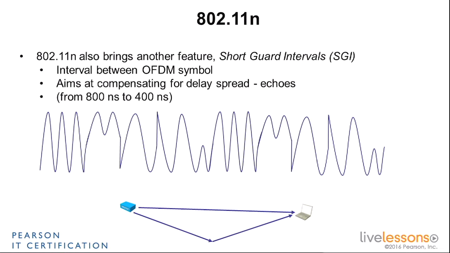But in some other cases, because you have those echoes of echoes of echoes, you still get disruptions in your frames, and the result of enabling SGI is that suddenly your loss rate, number of frames you lose, increases because there are more collisions. So that's a feature that most of the time you have to enable or disable manually.